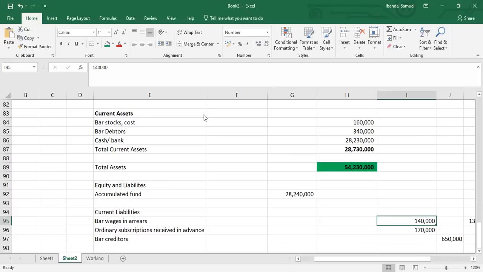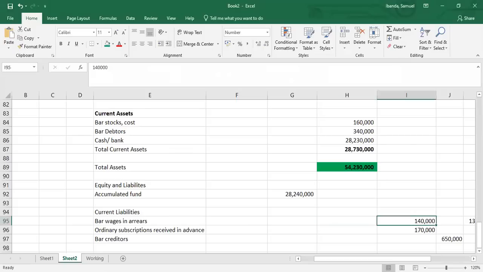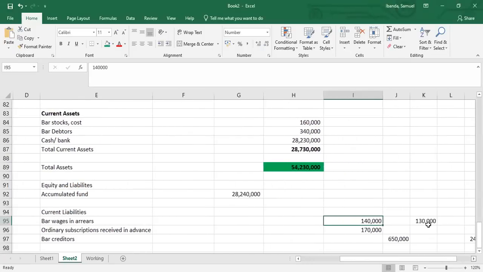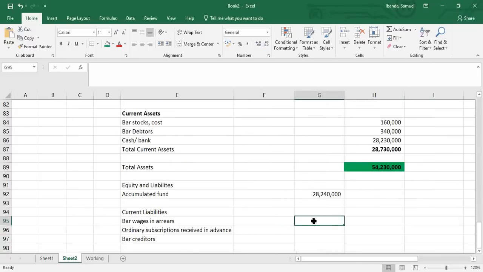So I have 130, 170, and 240. Okay. This information got distorted. Let me just type it manually. Okay. So I have 130. 170 and 240.